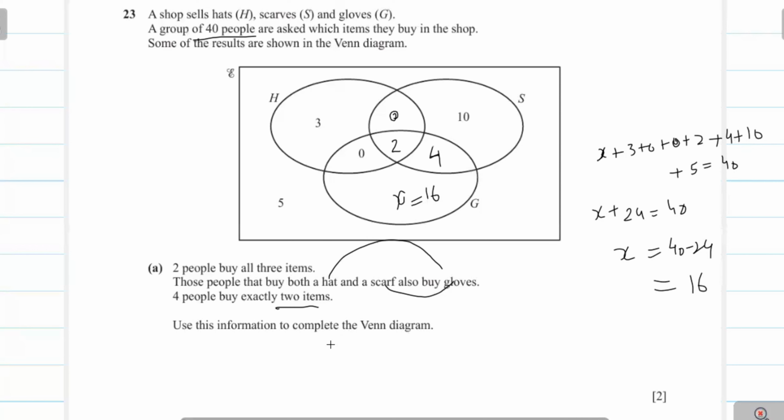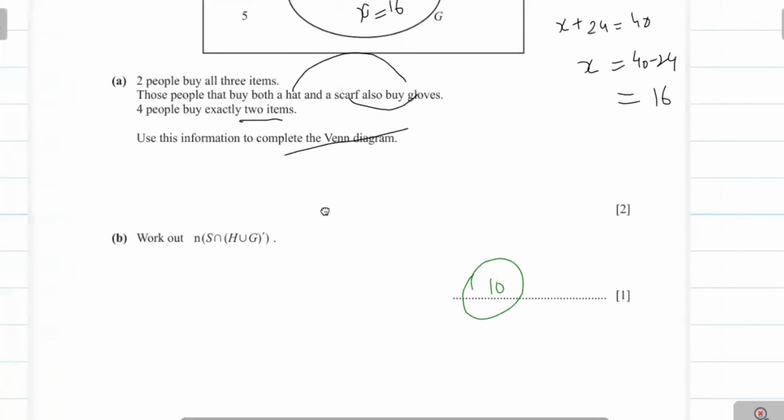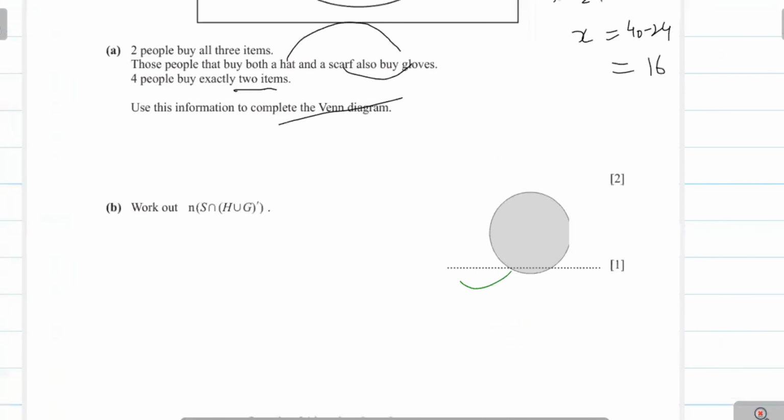And this is the region where only the people who buy gloves, here is 16. Next is part B. Work out S intersection (H union G) dash.